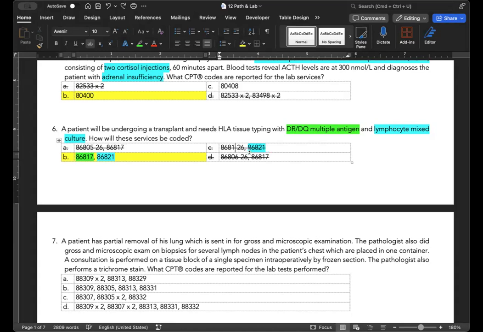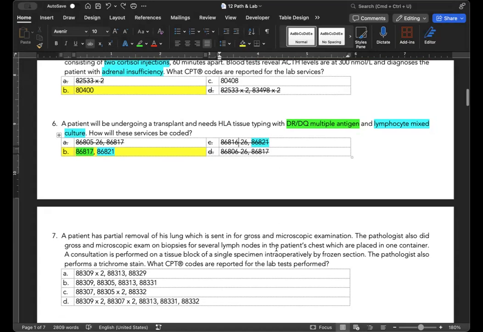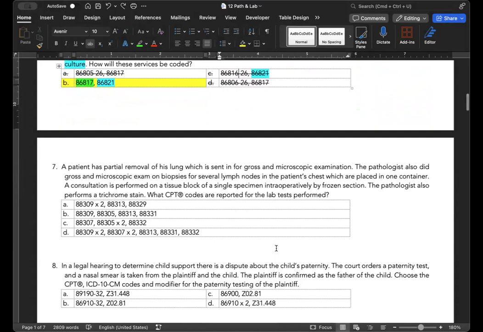Right. But with this one, that was two separate codes. So you didn't really have to consider that modifier and whether it's appropriate. But there could potentially be a scenario where they have the same answers. One of them just has a modifier, one of them doesn't. And you just have to determine whether or not it's appropriate. Okay. Because they like to trick you and make you use your brain.